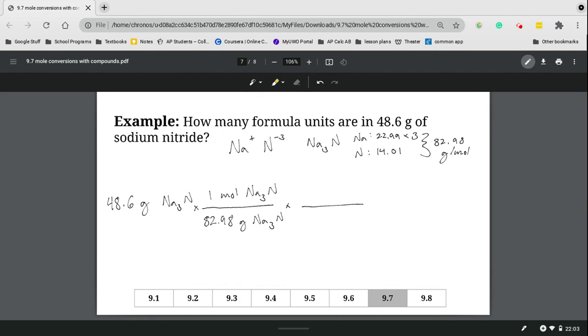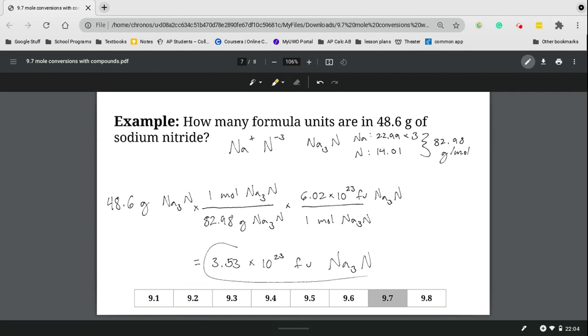And so in every mole, there are 6.02 times 10 to the 23rd formula units. And so when you do the arithmetic there, you get 3.53 times 10 to the 23rd formula units of Na3N, which is your final answer.